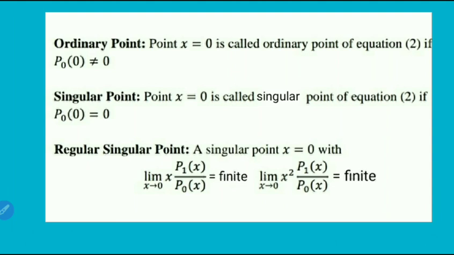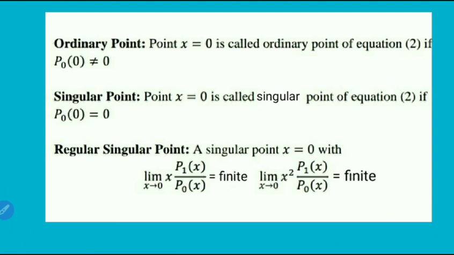Now whenever the value of p0 at 0 is exactly equal to 0, the point becomes a singular point. There are two types of singular points: regular singular point and irregular singular point. The point which is not a regular singular point is called an irregular singular point.